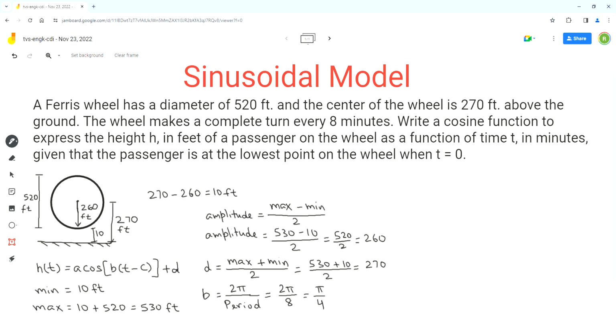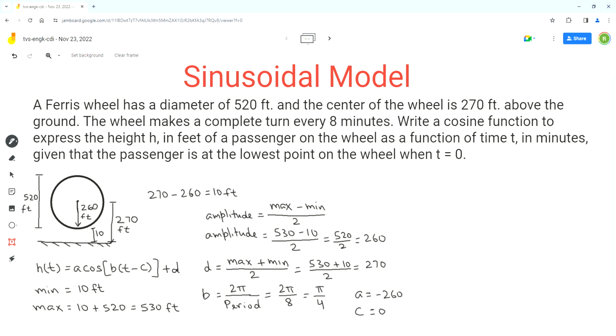So the a value will be equal to negative 260 and the c value will be 0. Because when the minimum point lies on the y-axis, that means it's a case of vertical reflection or the reflection over the x-axis. So that's why the a value is negative and there is no phase shift because the minimum point is on the y-axis.